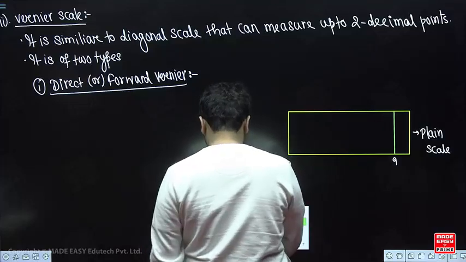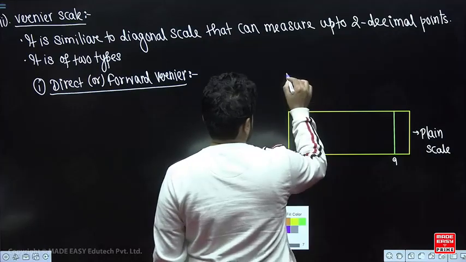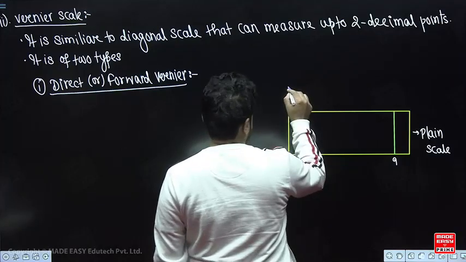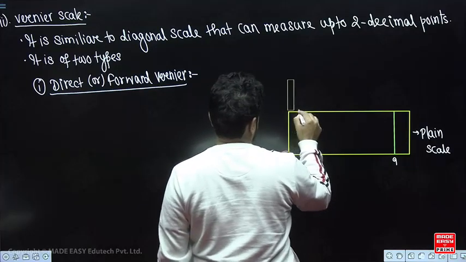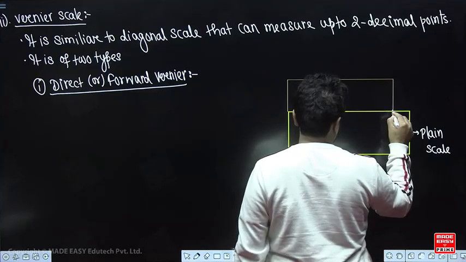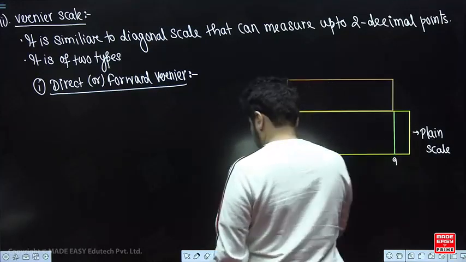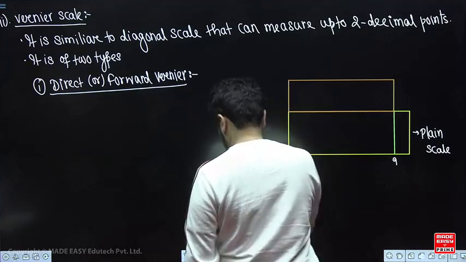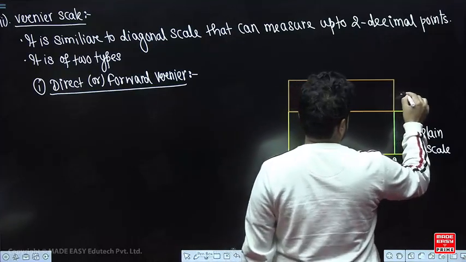And we mount one small scale. This is called as vernier scale.